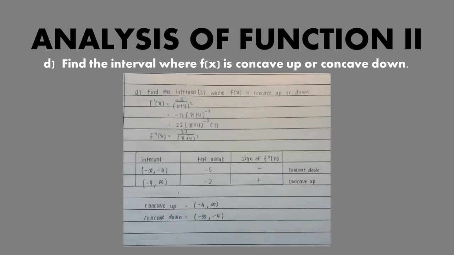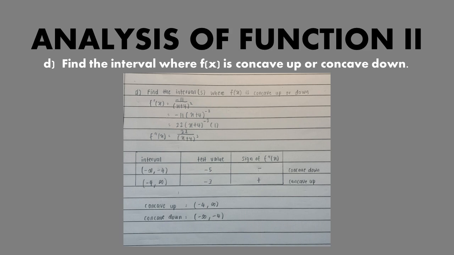Next is question D: find the intervals where the function is concave up or down. Using the derivative from the previous question, −11/(x + 4)², we differentiate it again and get 22/(x + 4)³. We use the two intervals we used before, negative infinity to −4 and −4 to infinity, insert the test values, and get the signs for the second derivative table.